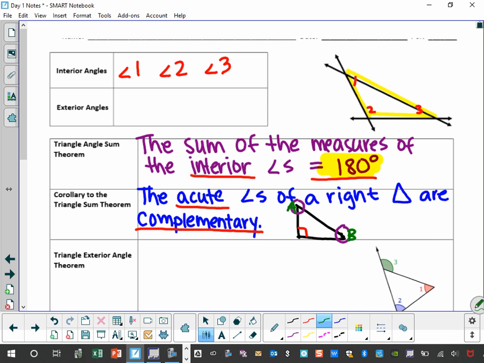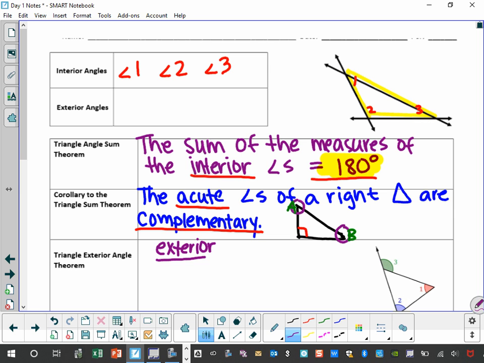All right, your third one, the triangle exterior angle theorem, says the measure of an exterior angle of a triangle is equal to the sum of the measures of the non-adjacent interior angles.